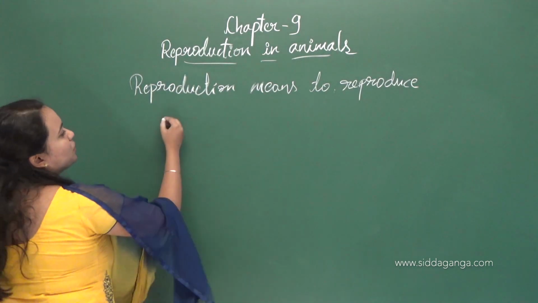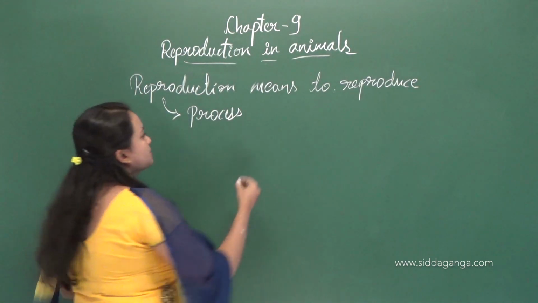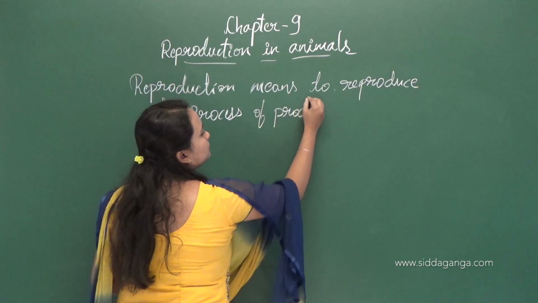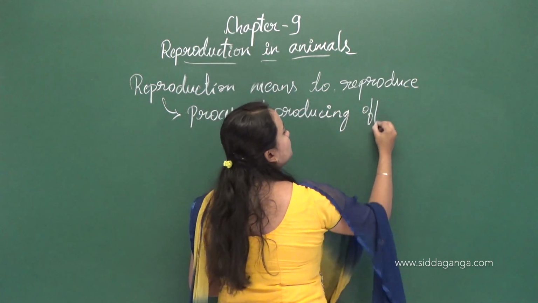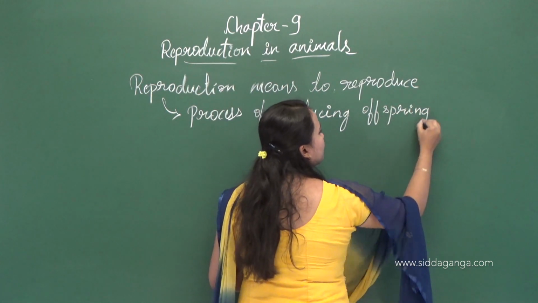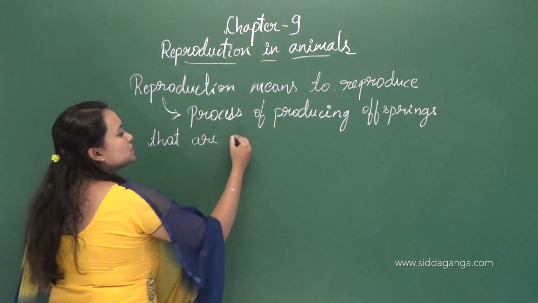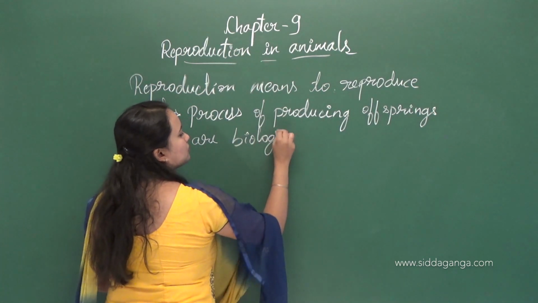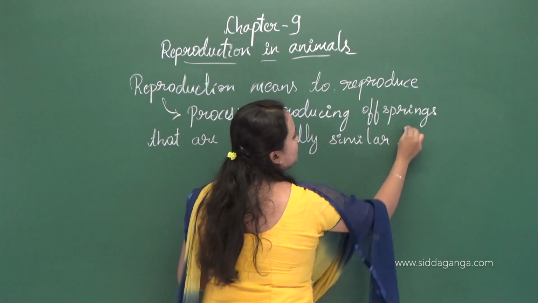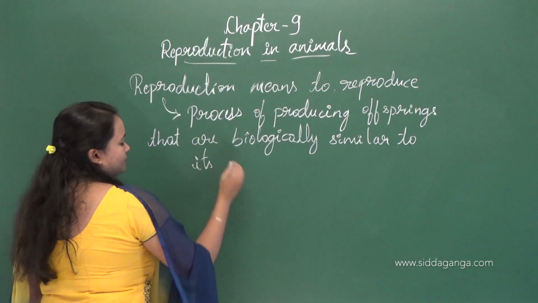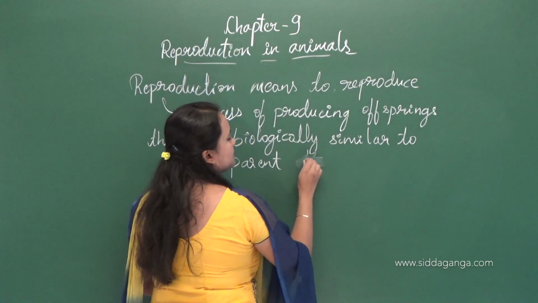Now coming to the definition of reproduction. Reproduction is the process of producing offsprings that are biologically similar to its parent organism.